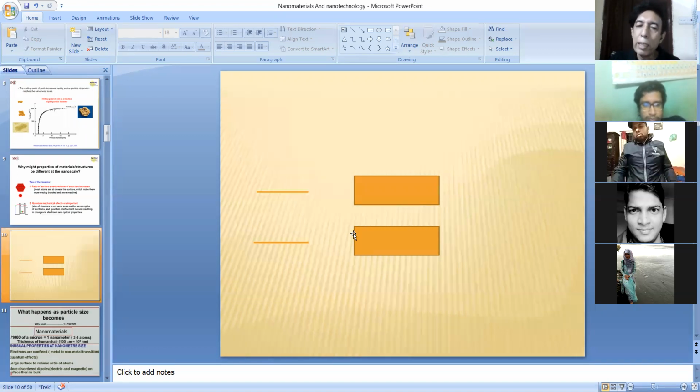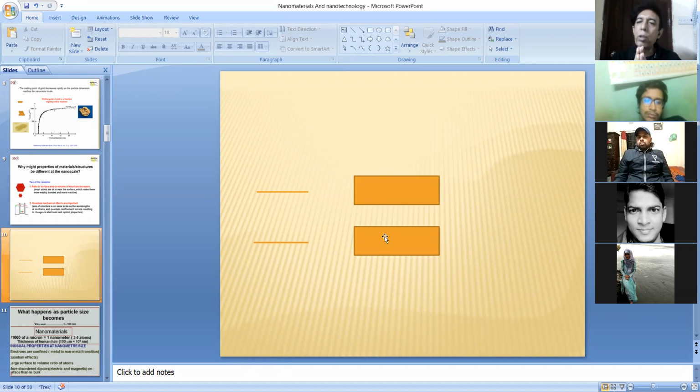That means here you have n number of atoms, n number of these lines. They are so close together that you cannot differentiate them, so it becomes a band. Here also you have n number of these lines, so close that you cannot differentiate.